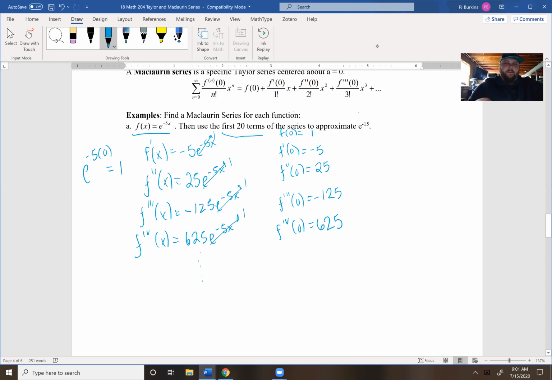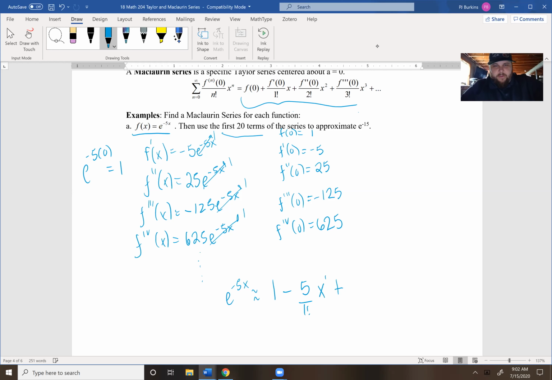Let's go ahead and just use this side for now. The first term is just the function evaluated at 0. So e to the minus 5x is approximated by 1 plus, because f of 0 is 1, f prime of 0 is minus 5 divided by 1 factorial times x to the first power.